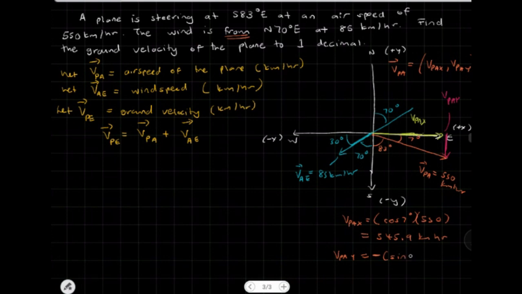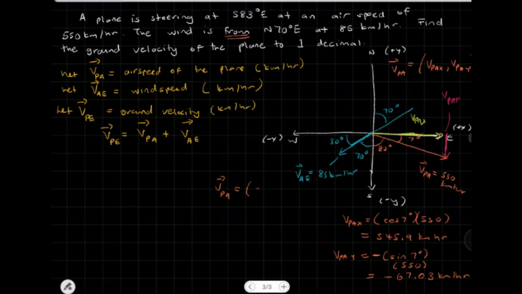So we have negative sine 77 degrees times 550 kilometers an hour, which is going to give us, if I just punch this out, negative 67.03 kilometers an hour.